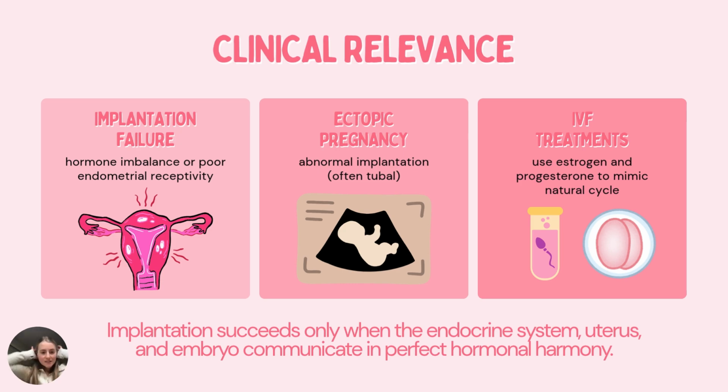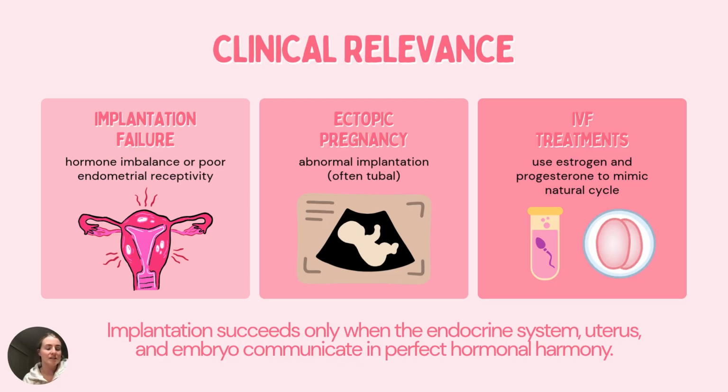And then this last slide, I wanted to emphasize the clinical relevance of these different hormone cycles and how each hormone and the stage that it plays a part in is really important, because that's where, when things don't happen properly, we run into medical issues and things that can be life-threatening.